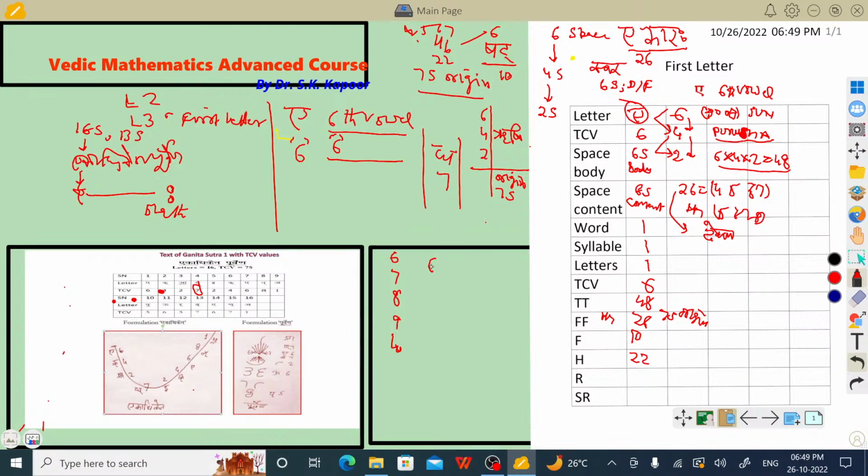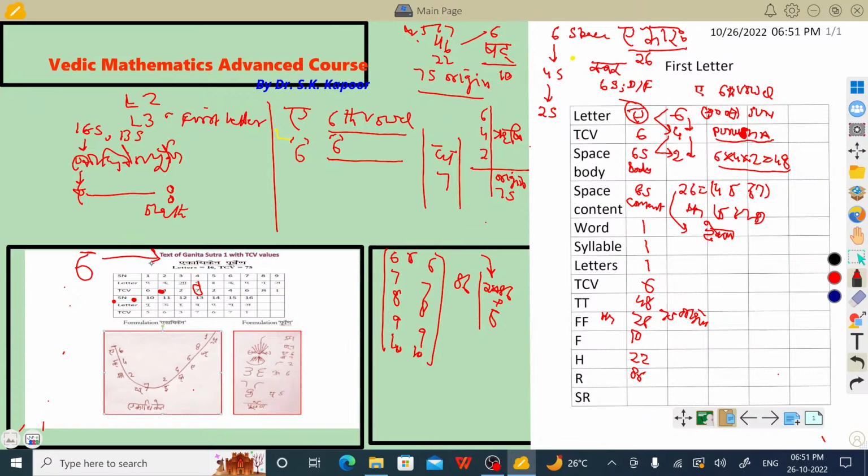Therefore, when we are initiating ourselves to enter the Vedic mathematical domain with the first letter 6 as the master structural key, means with the help of 6 we are sequentially unfolding the organization of Ganita Sutra 1.